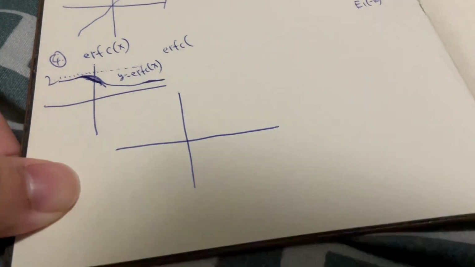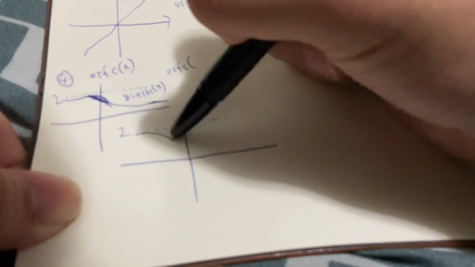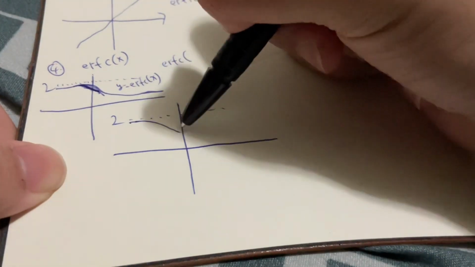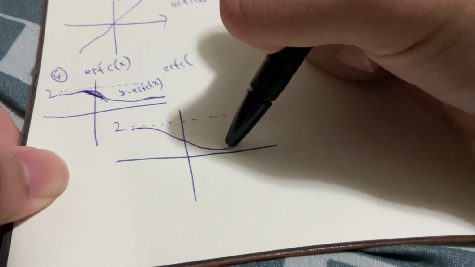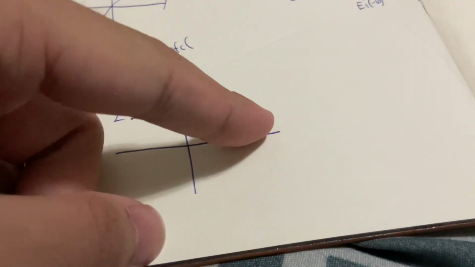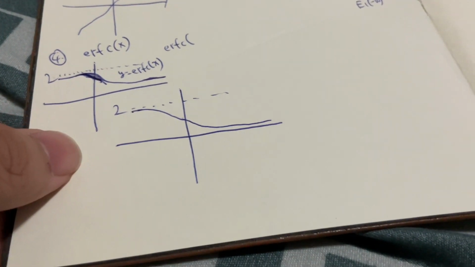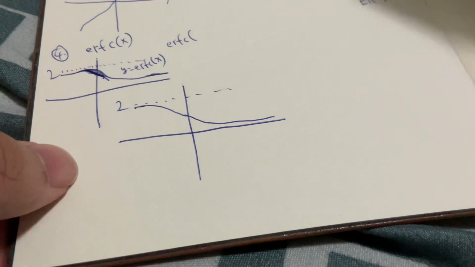Like that, 2, and then ELFC of x approaches 0 when x approaches infinity, like that.